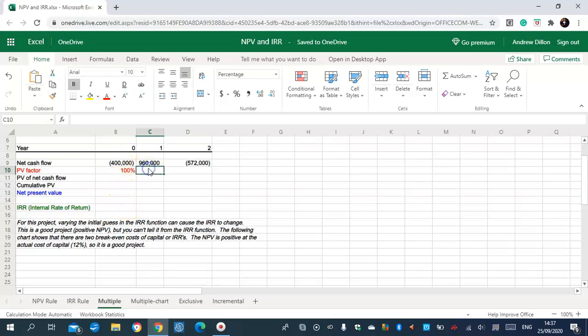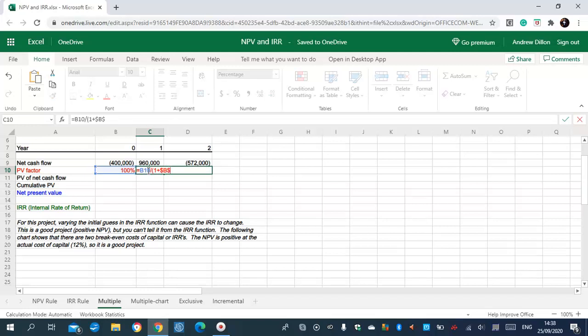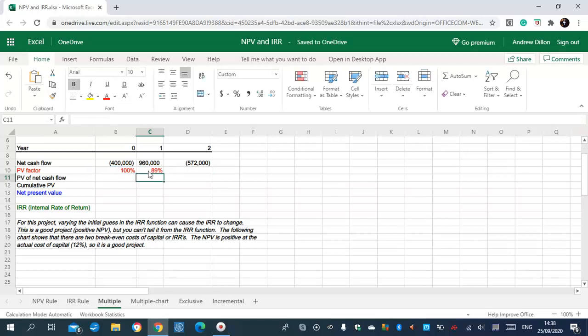I have to calculate the present value factor once again. Say 9%.